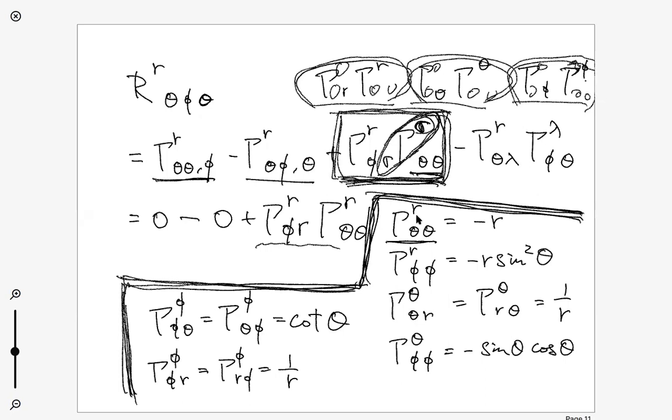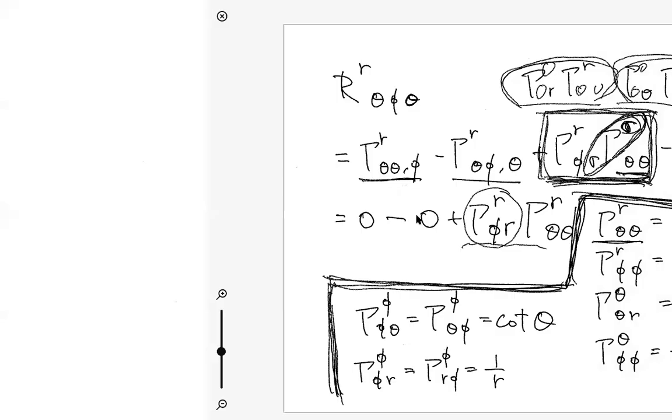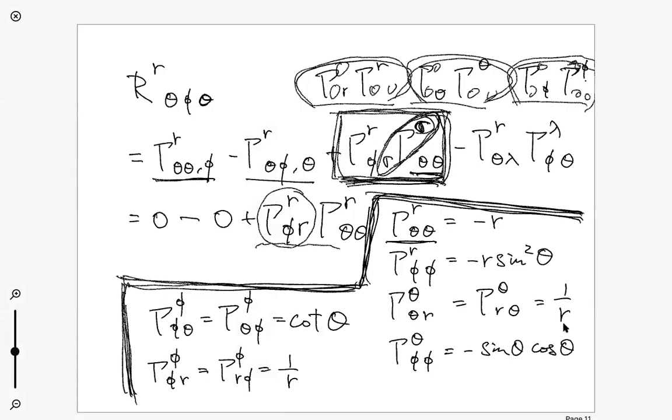But what about the first term here? What is it? Can you find it down in the list? If I repeat my question, we have an r phi r component of the Christoffel symbol here.